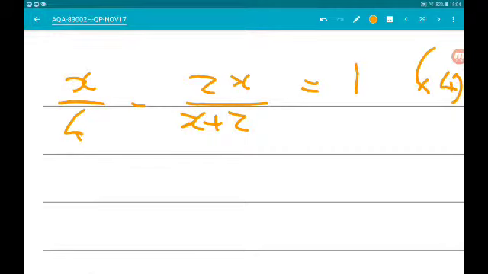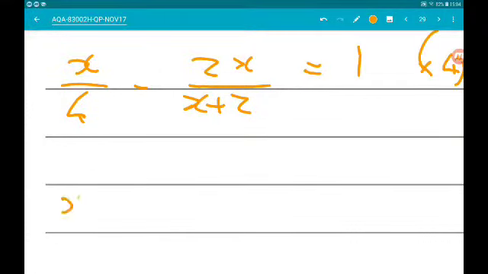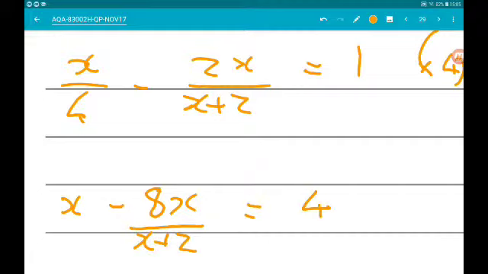Now remember, fractions are a division by the thing on the bottom. So x over 4 means x divided by 4. So if we come along and multiply everything by 4, we're going to get left with x minus 8x, because that 2x gets multiplied by 4, over x add 2 is equal to 4.